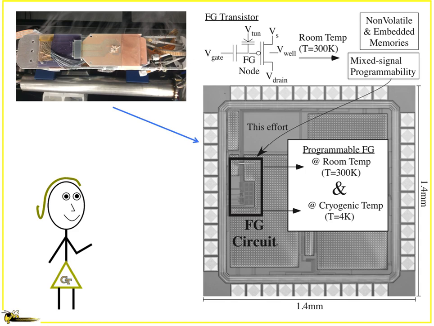That really opens up the opportunity for non-volatile memories and other mixed signal programmability, as well as things that might be important for connecting or computing or regressing values that come out of quantum computing applications.